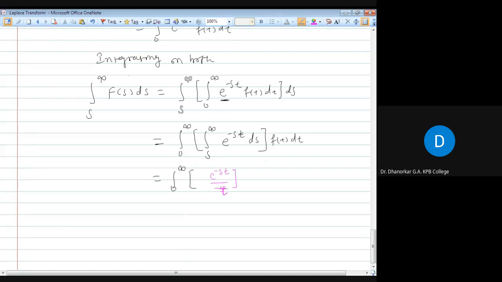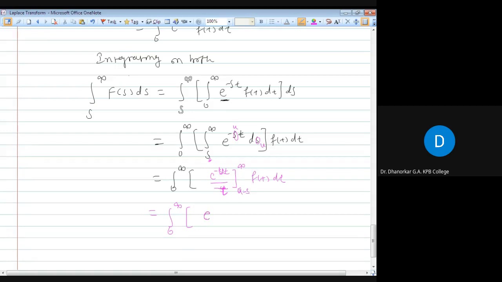Because the limit is from s to infinity, we should change this variable to u, then when we put the limits u equal to s to infinity, this becomes easy to write.